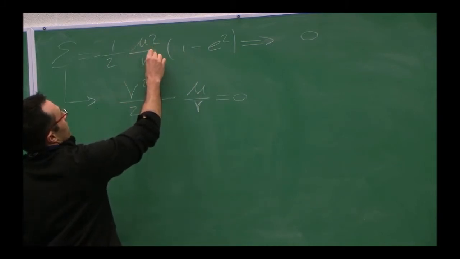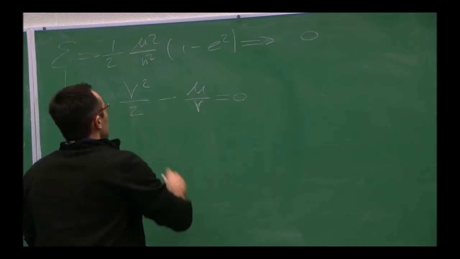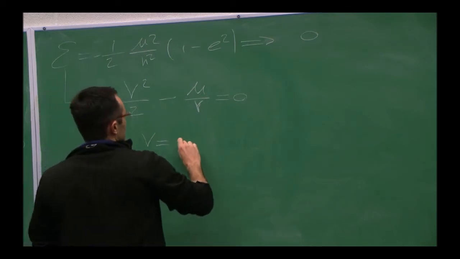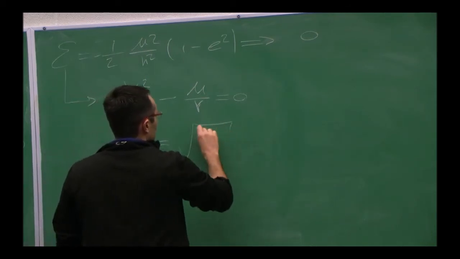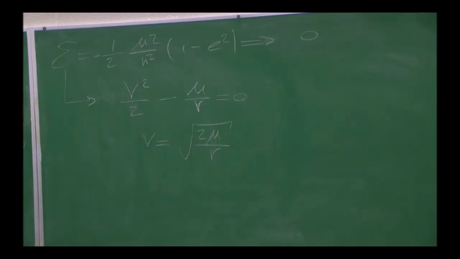You can actually write it as a function of h and e, but the initial definition is still this. So what this means is that the velocity at each point of the trajectory is the square root of 2 mu over r. This is always true. It doesn't matter where you are, that relationship holds. It doesn't matter if you are at this r here or at this other position here.